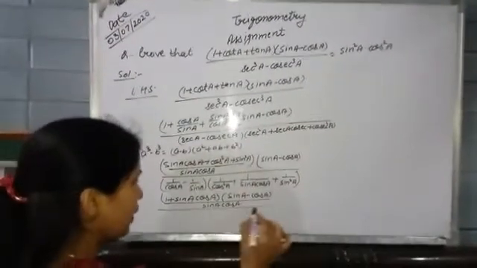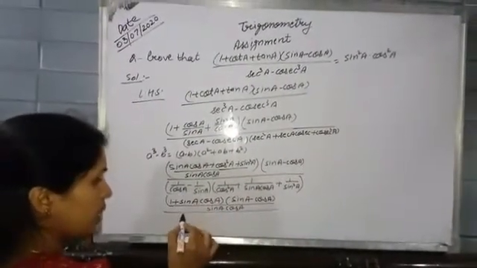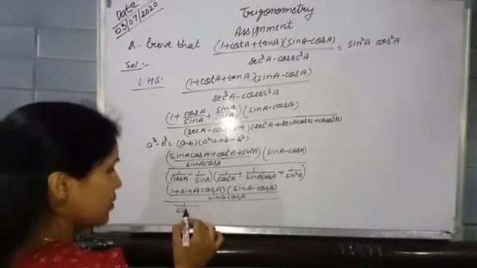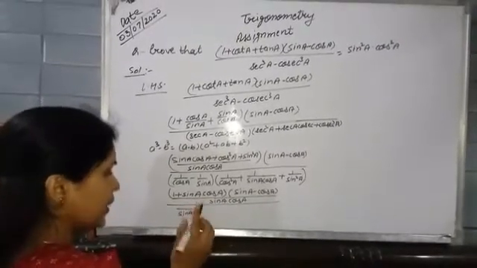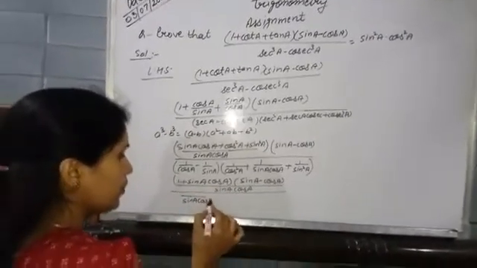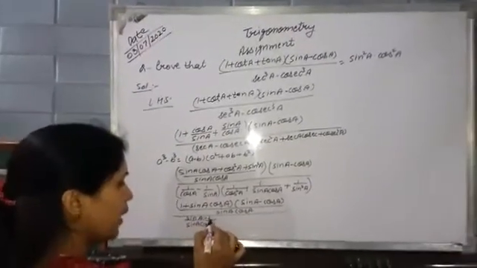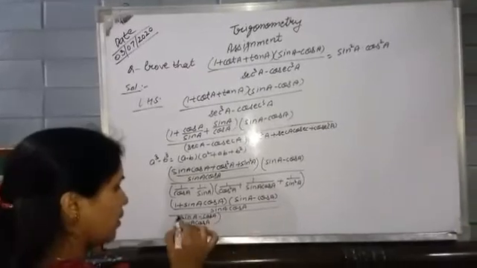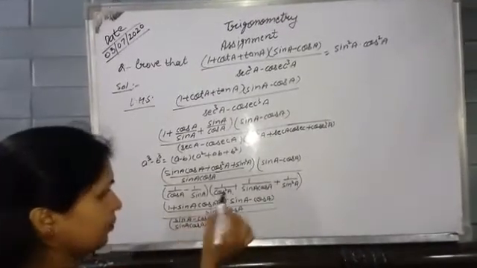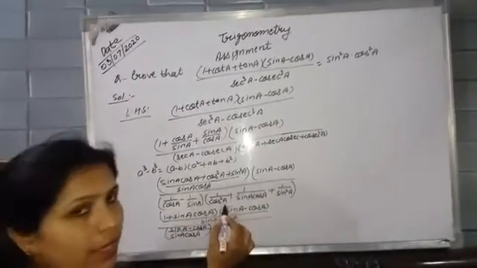Now in the denominator, the LCM is sin A into cos A, and this term is sin A minus cos A, and for the second factor, what will be the LCM?